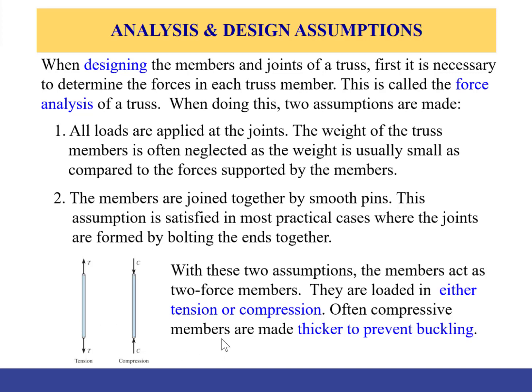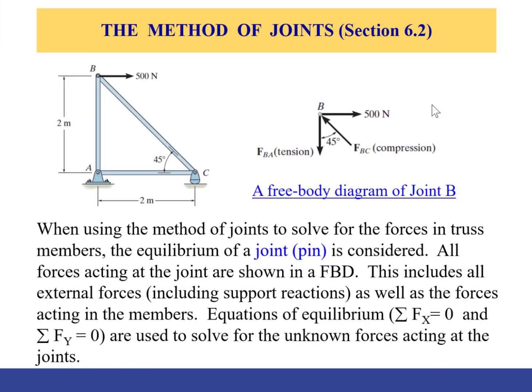So in the force analysis, you don't care about the thickness of the beam at that stage of analysis, but if the member is undergoing compression, then it's an indication that you should use a thicker cross section to prevent buckling.